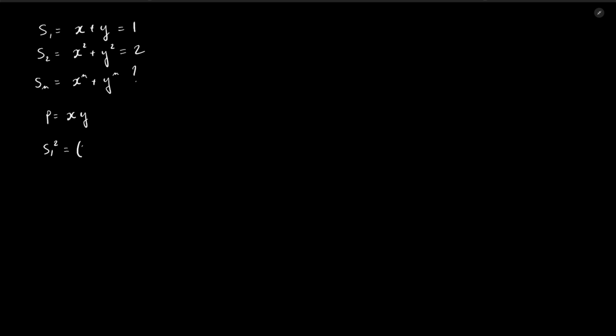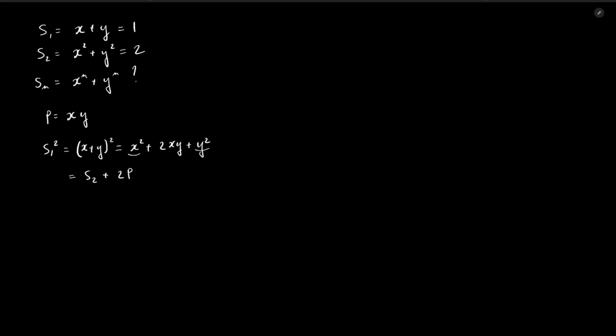One thing that we can notice is that if we take S1 and we square it, we have (x plus y) squared, which is equal to x squared plus 2xy plus y squared. And this is equal to S2, because we have x squared plus y squared, plus 2 times the product.